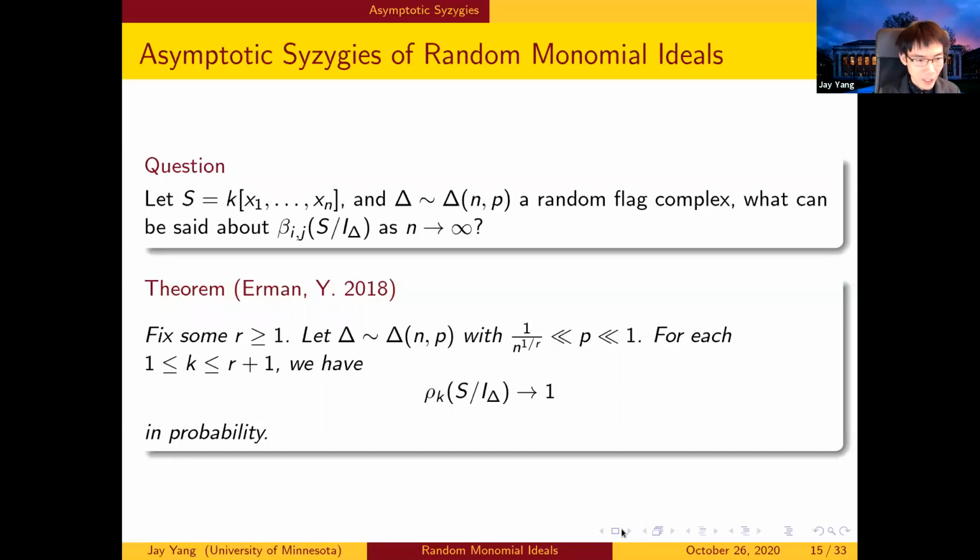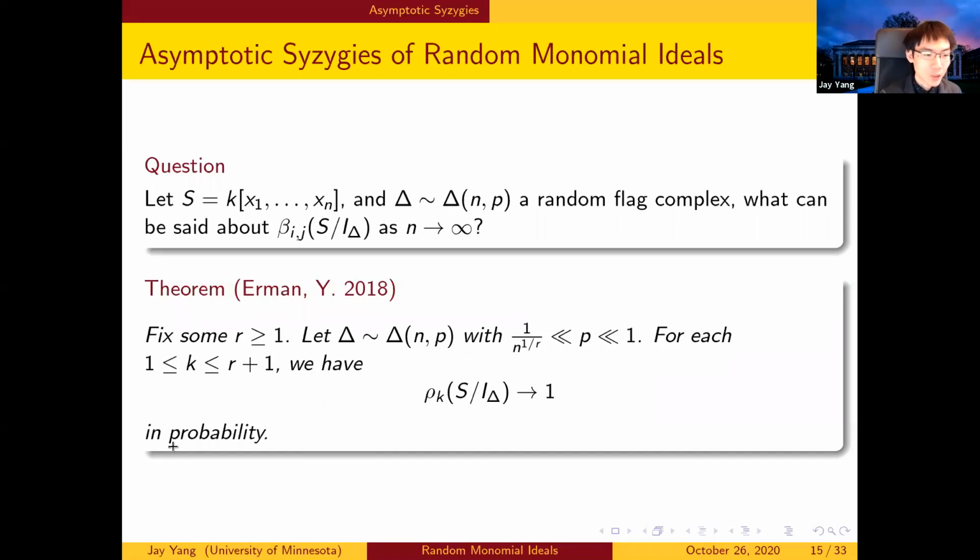And perhaps surprisingly, or perhaps not, depending on whether you expect that the Ein-Lazarsfeld result is true uniformly, we get the same type of result, which says essentially that up to some row where it cuts off, every row that we have has density 1 in the limit, with a couple caveats.